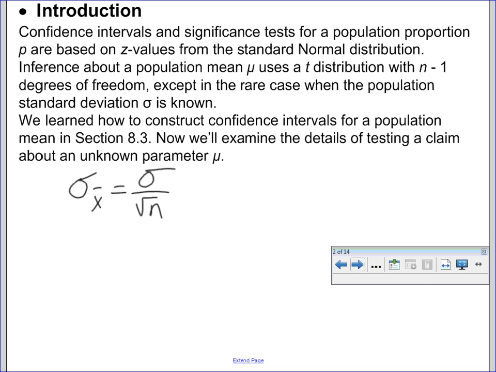The problem is that we don't know this, so we're estimating it with the standard deviation from our sample, which means we have to use a T distribution.